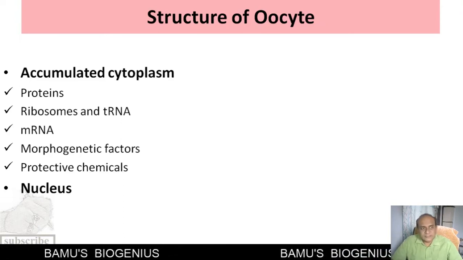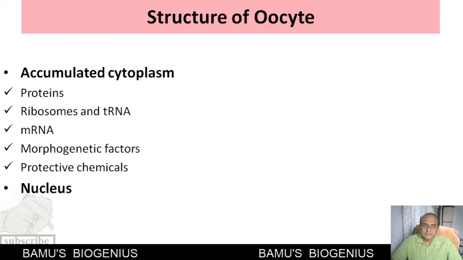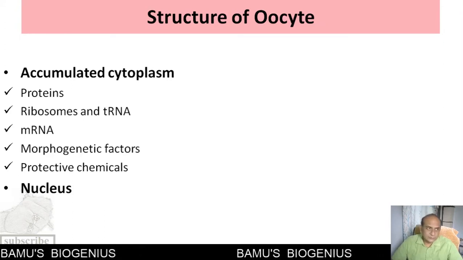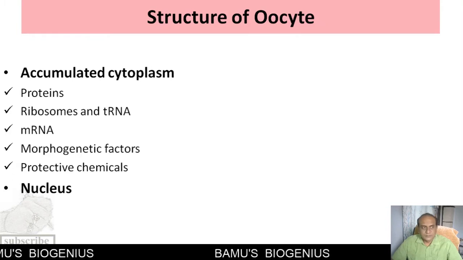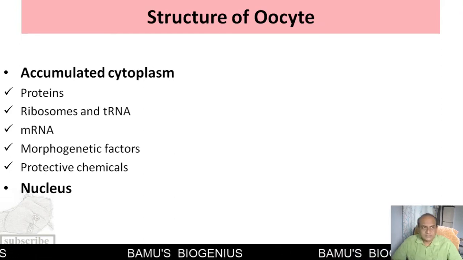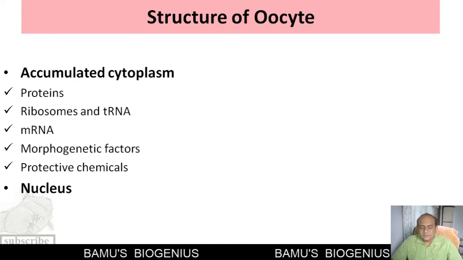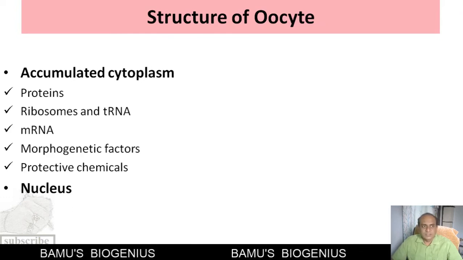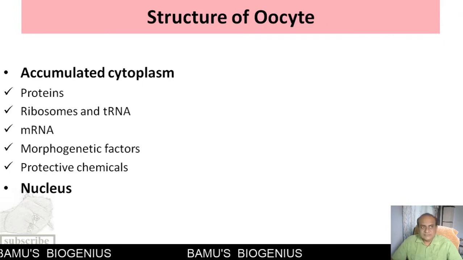What kind of material is that? For example, nutritive proteins are there. We know that nutritive proteins are required by the zygote after fertilization, because the zygote does not gain any energy or food material from the surrounding medium, until it is placed in the uterus in the case of mammals.